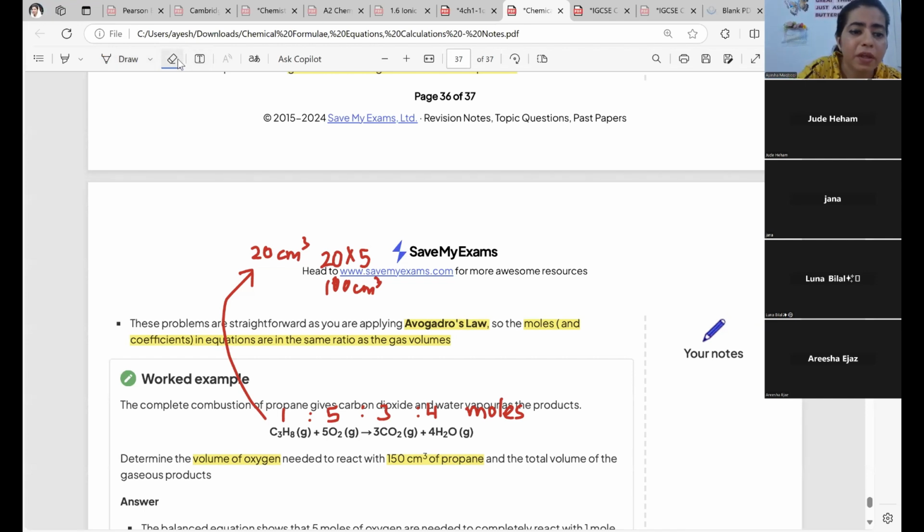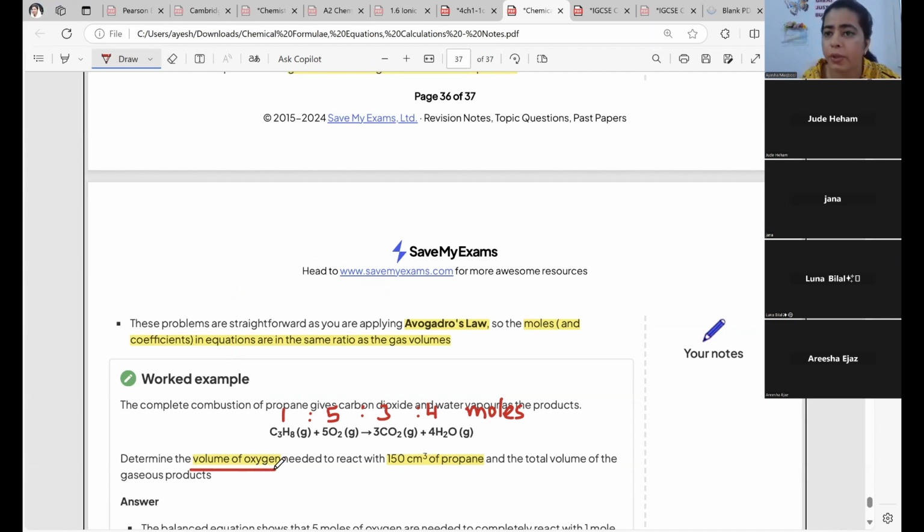The question is saying that the complete combustion of propane gives carbon dioxide and water vapor. The equation is given to you. We have to find the volume of oxygen, and you have 150 cm cubed of propane. C3H8 is propane.